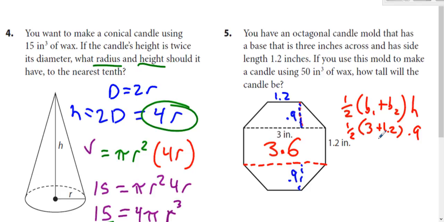So 3 plus 1.2 is 4.2 times 0.9 and then divided by 2 is 1.89. That's the area of one of those trapezoids. It's the exact same congruent trapezoid down here, so that's 1.89 also.